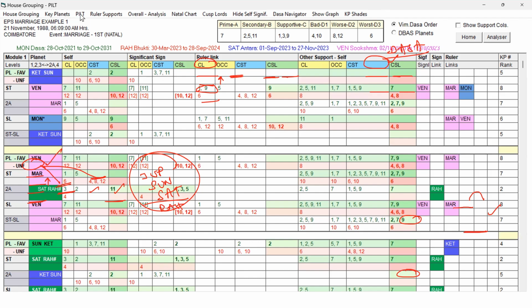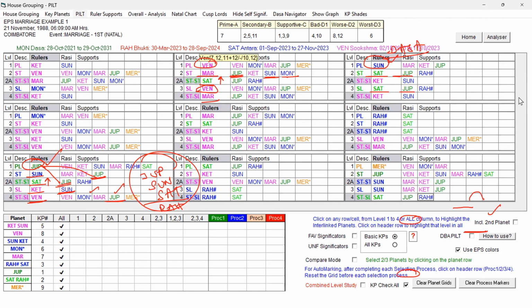So that way the Dasa Lord, strong favorable key planet Sun, Jupiter is playing role as the sub-sublord.